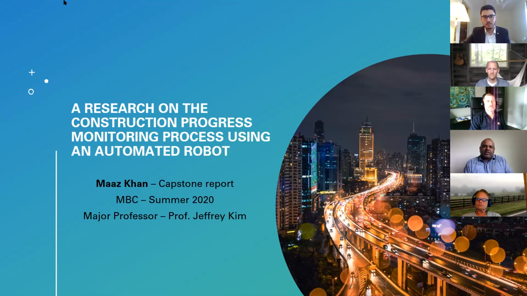If a superintendent goes out to monitor the job site, they're not just looking at progress, but they're also looking at quality. And the robot's picture is an indicator, but it's not as good as a person walking around looking at it.